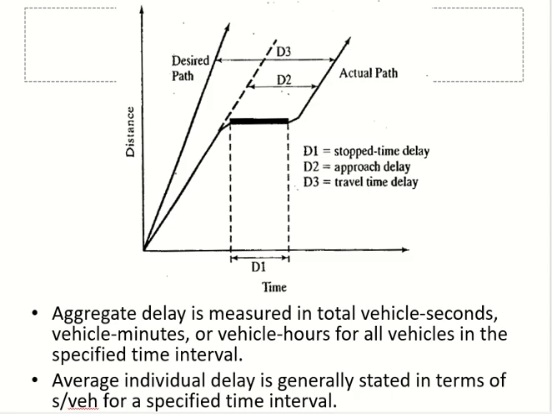Before stopping, you see a change in slope, right? So this change in slope is indicating approach delay. What is happening when the slope changes? What is happening with the speed? Here it is decreasing, right?